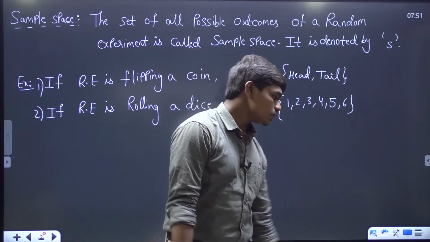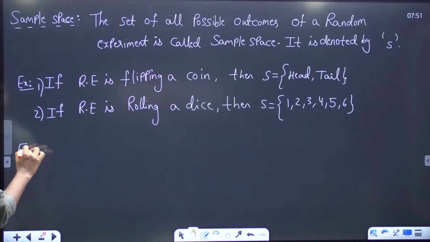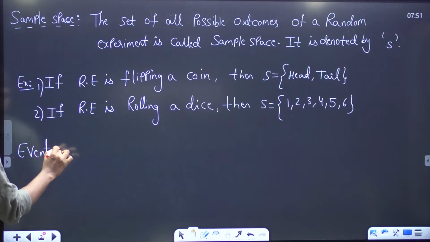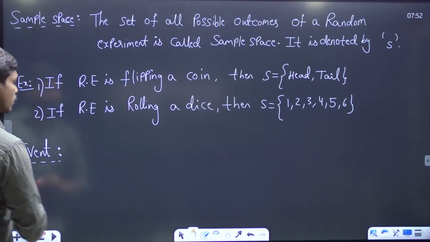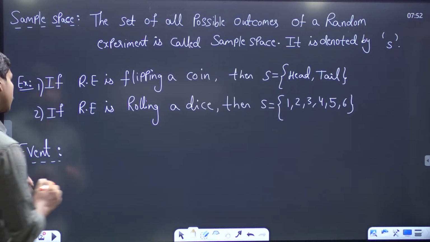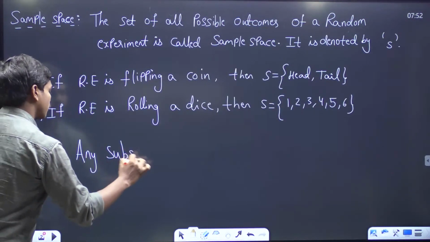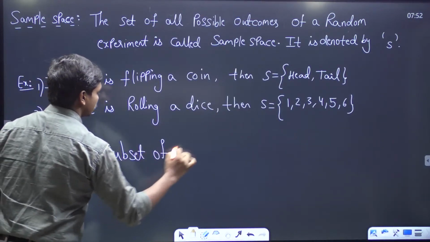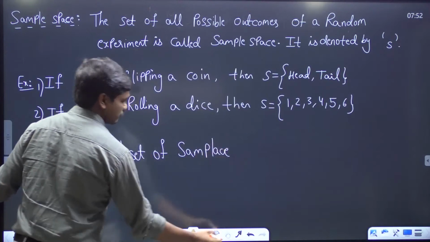Okay, so now let us define one more thing, which is called an event. Now what is an event? It's not something similar to what you see in common usage, but an event is any subset of the sample space.